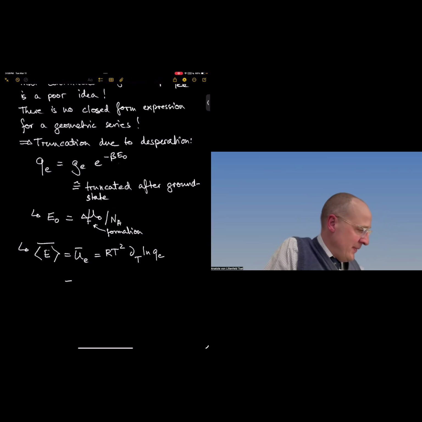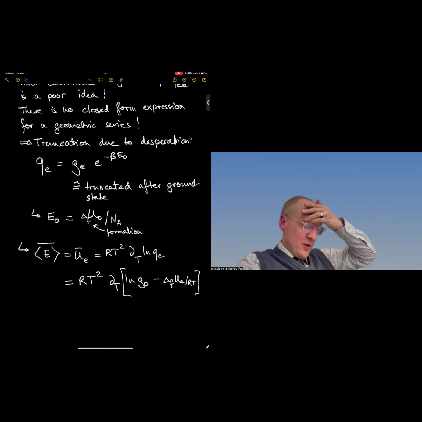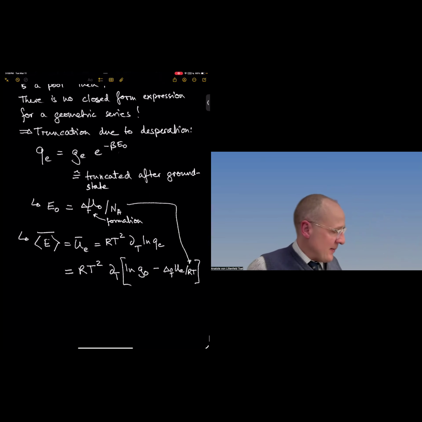And now, thanks to our super simple, truncated form, I simply have the logarithm of my degeneracy minus delta F U E over RT. Right. So because I changed to molar, my N_A here became the R.